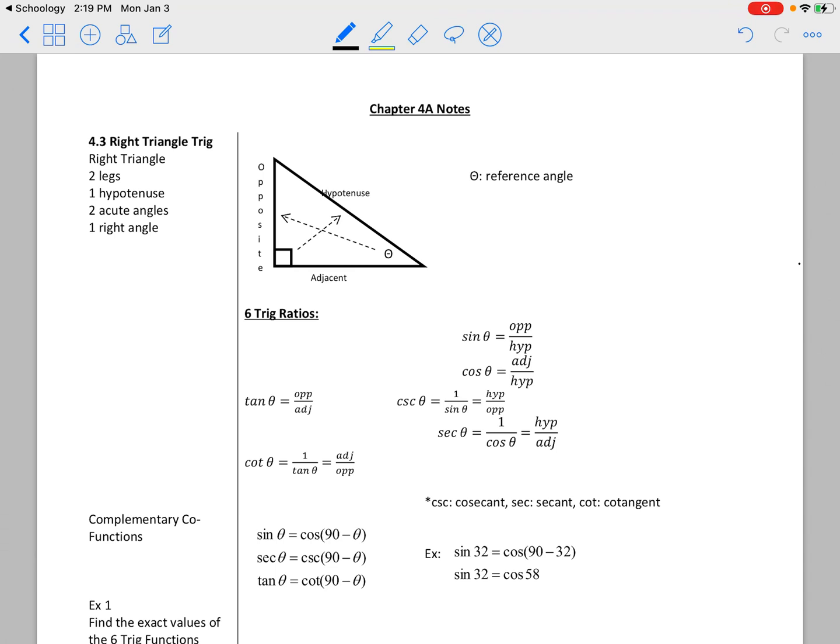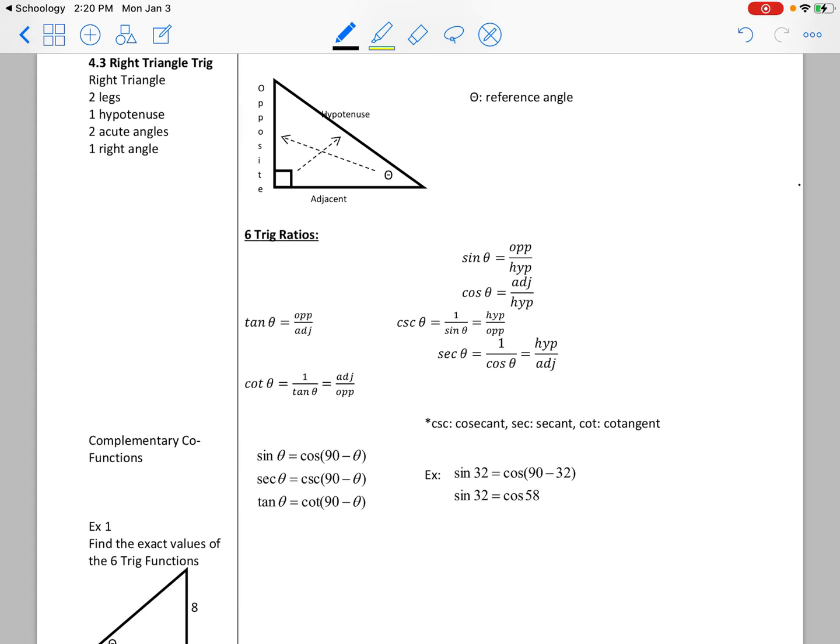All right. So the first section of trig is, for the most part, going to remind you of Integrated 2 and Integrated 3. We're basically doing right triangle trig, so it's going to be a review. I'm not going to spend a lot of time on this first part because you should remember what the ratios are.